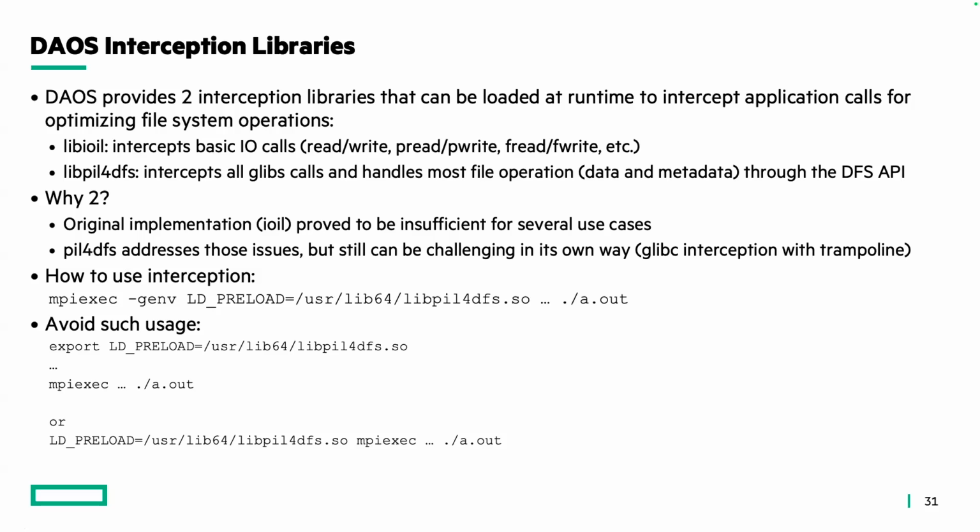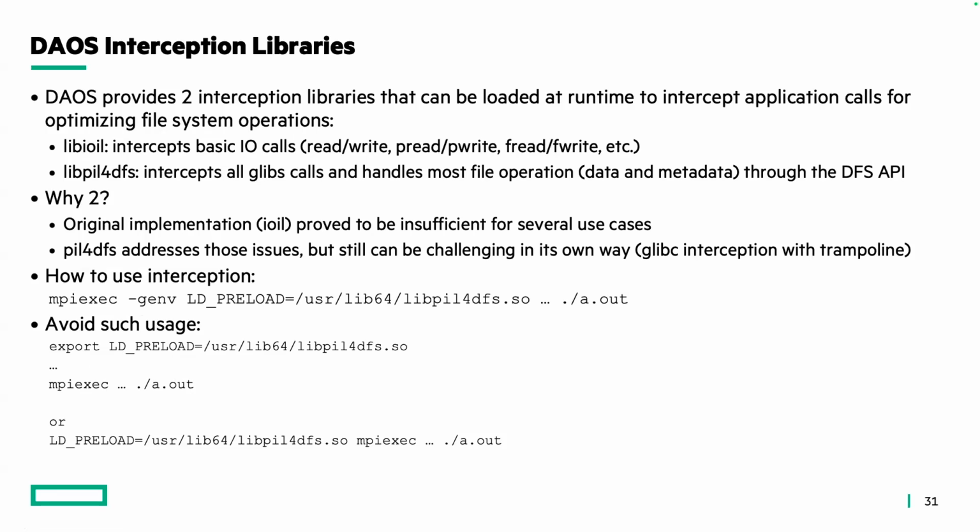And how to use that: in your mpiexec, you can add a genv LD_PRELOAD and the path to PIL4 DFS, which is this one on the compute nodes, and then you run your application. Please avoid always exporting it in your environment. The fact that it intercepts all glibc calls means that if you do something not related to IO or your application, it still gets intercepted, and there might be some issues.